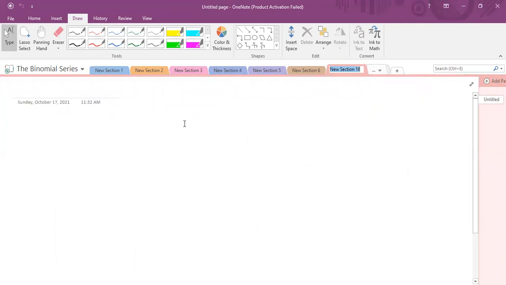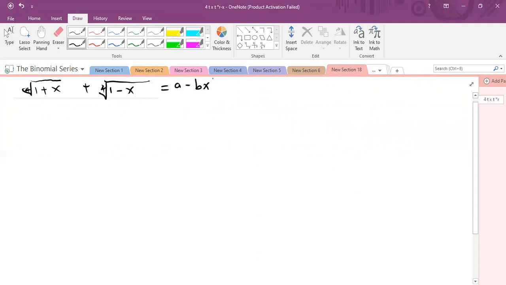We can take up a last example on this one. Let's say you're being told that after carrying out this expansion, the fourth root of 1 plus x, plus the fourth root of 1 minus x, is equal to a minus bx squared.